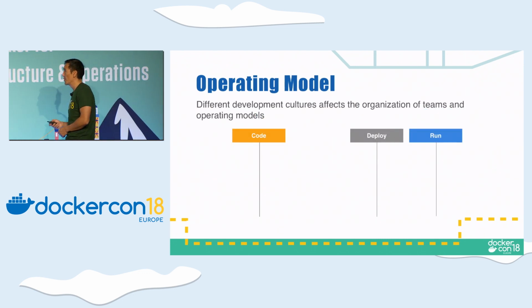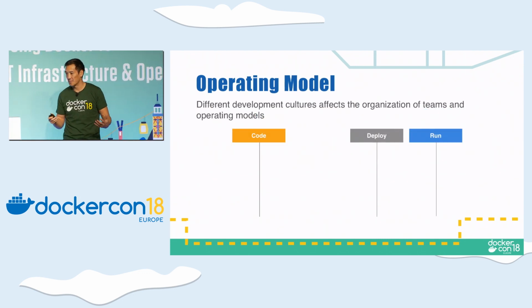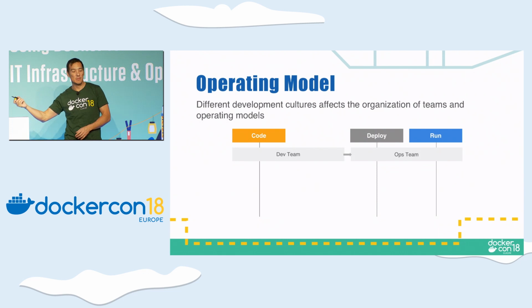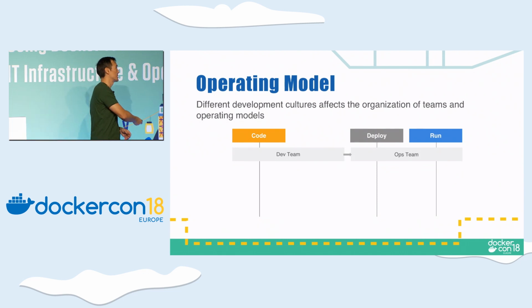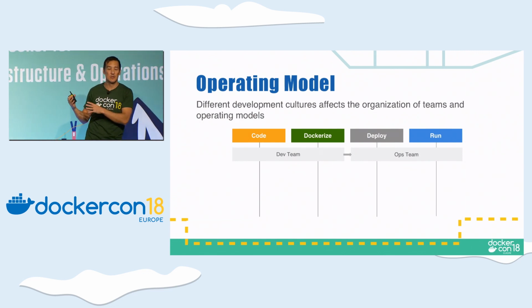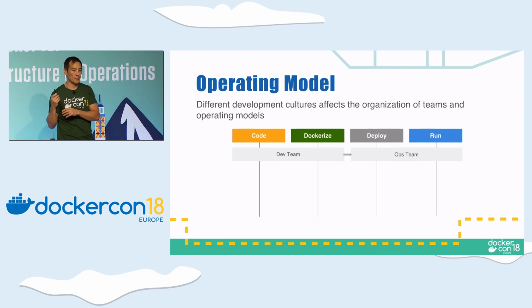So on talking about operating model, today it's pretty simple. You code, you deploy, you run. And that might mean there's a development team that hands it over to an ops team for deployment. Now, when you Dockerize things, it introduces a new step. And you need to figure out who's going to actually do that step.